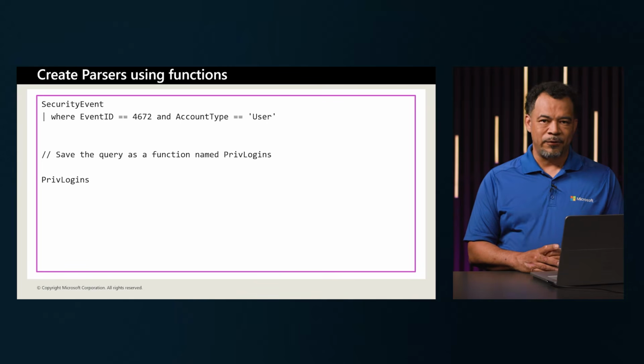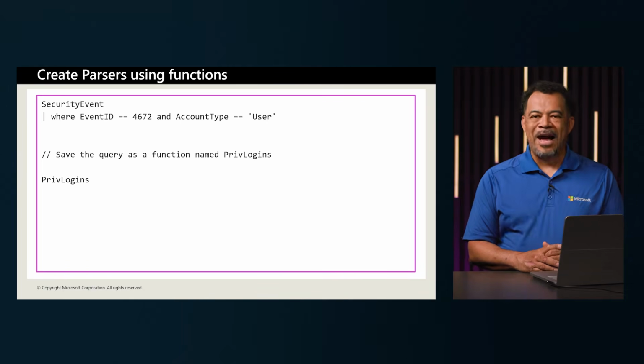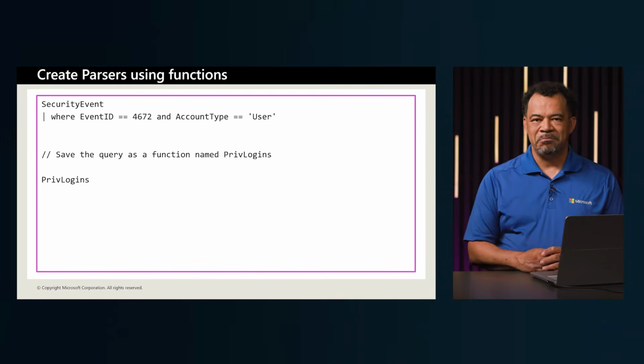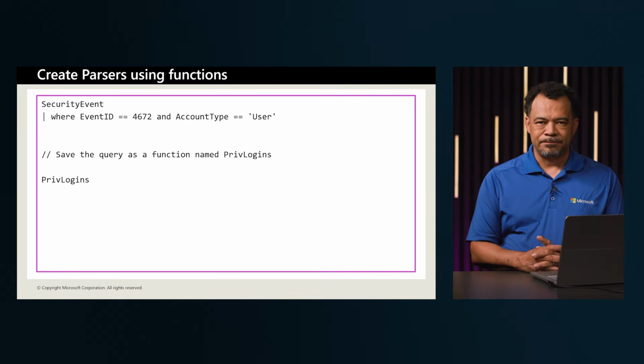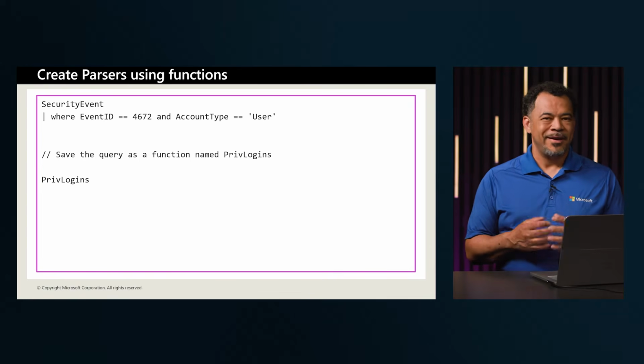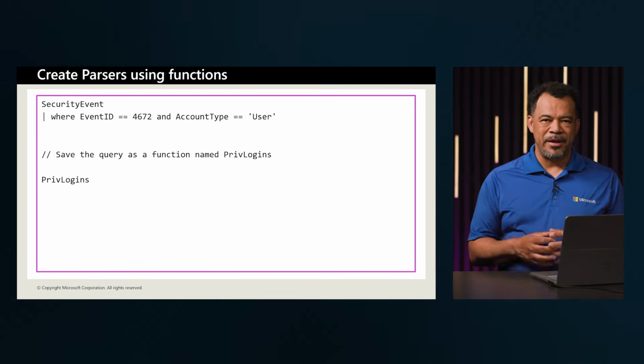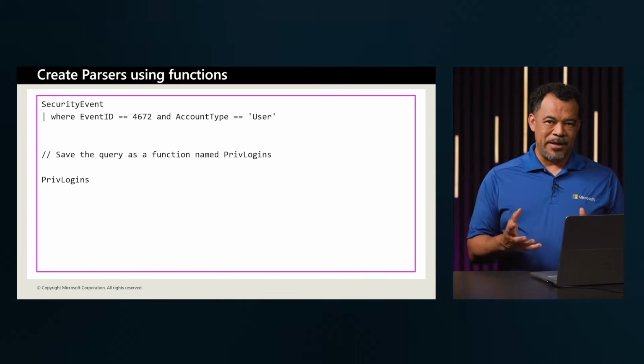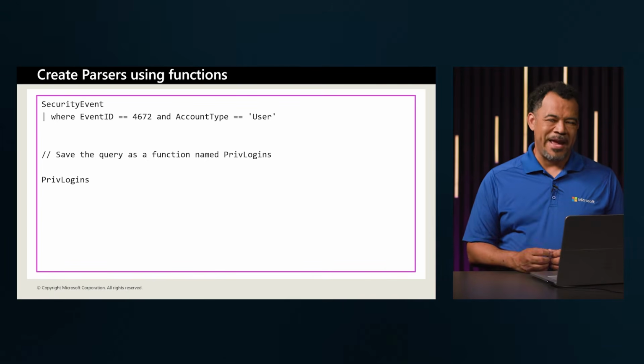The last line, PrivLogins, shows how you would call that function later, just like referencing a saved query. It returns the same filtered results without rewriting the logic. This approach is great for modularizing your queries, and it also improves readability and maintainability, since you can update the function in one place and have it reflected everywhere it's used.